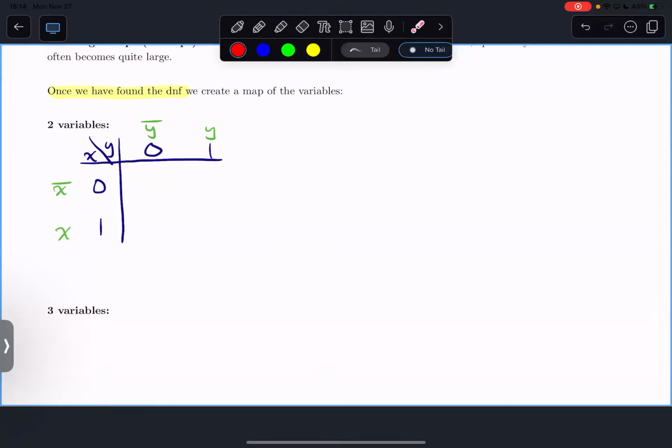As long as we read the X's first and then the Y's, mostly because we want to work in alphabetical order, we want to have some sort of order. I want you to read it from the vertical side first over to the horizontal. So what we're going to have in here is 0, 0: 0 for X, 0 for Y; 0, 1; 1, 0; and 1, 1.